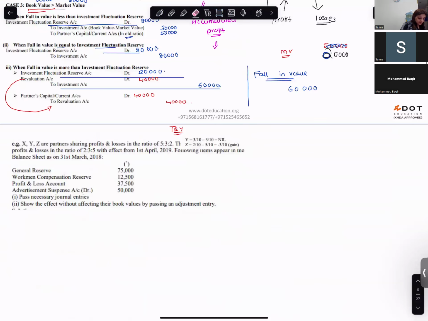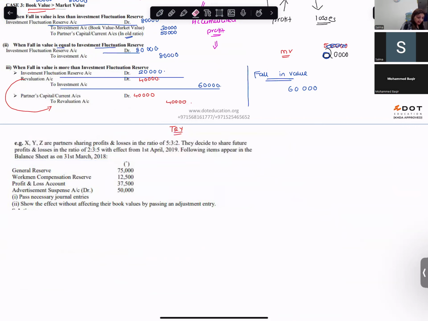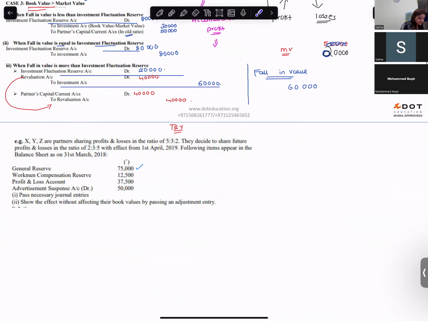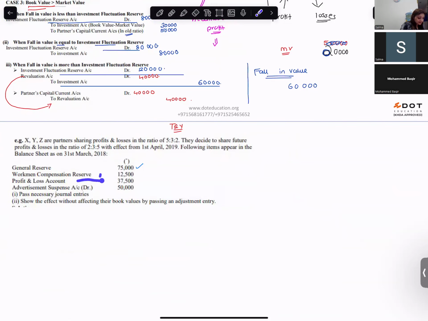Okay, fine. So this is the first example wherein they have told you that there are some undistributed profits and losses, like general reserves, workmen compensation reserve, profit and loss account. If nothing is mentioned, can you tell me whether it is undistributed profits or undistributed loss?